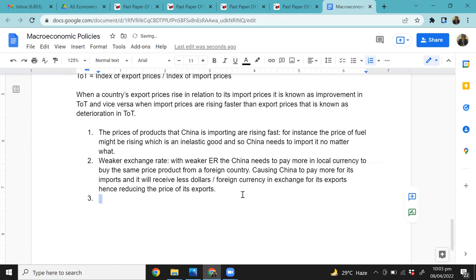Then another thing that's very important. Over time, China's exports might have become less competitive in relation to other countries exporting the same things, this is what Johan referred to. Now, what we are trying to say here, right?